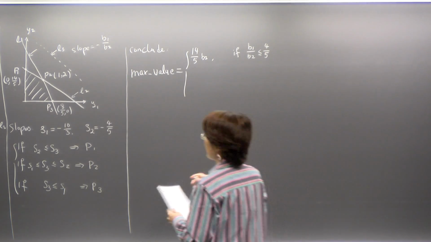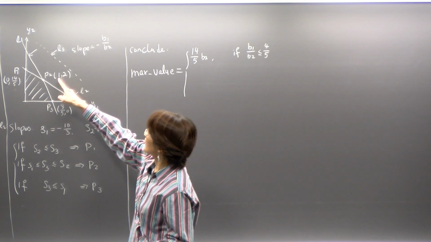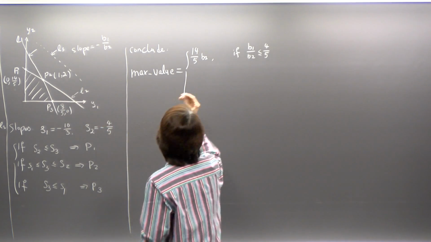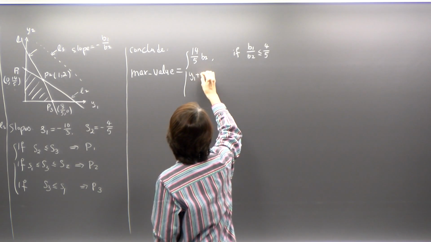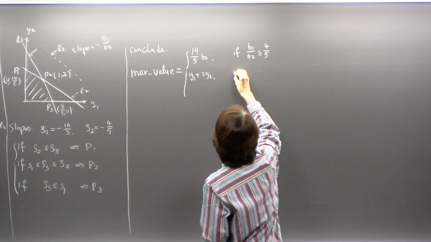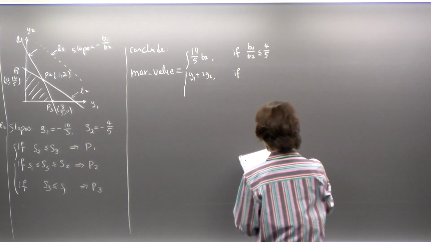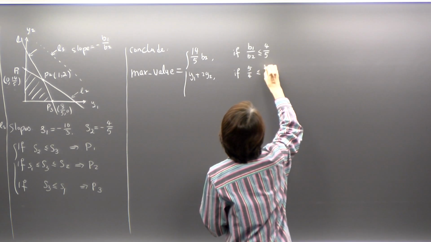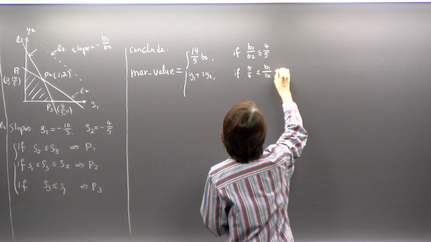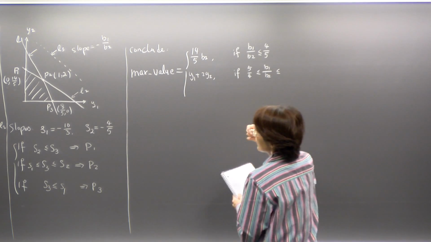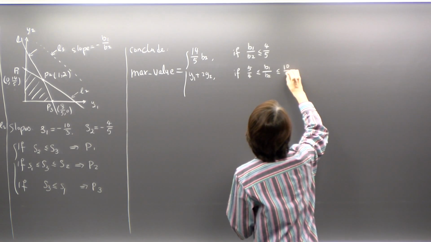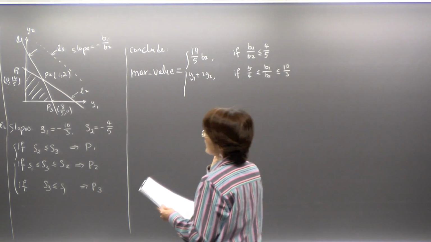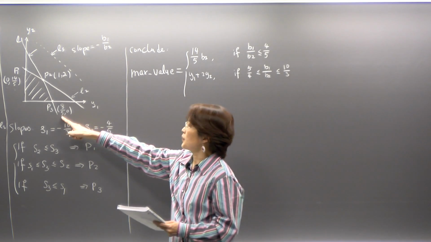Okay, and then if I hit P2, then I will have 1 times y1 plus 2 times y2, right? So y1 plus 2 y2 if 5 over 4 is less than b1 over b2, which is less than the other slope, that's 10 over 3. Is that clear? Okay, and then the last one, you will hit P3.